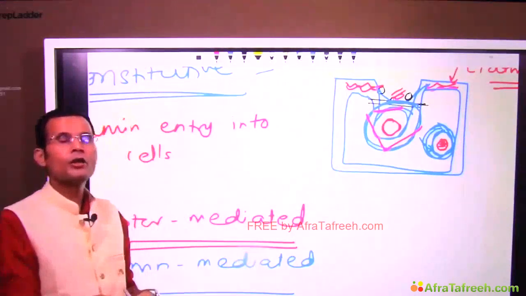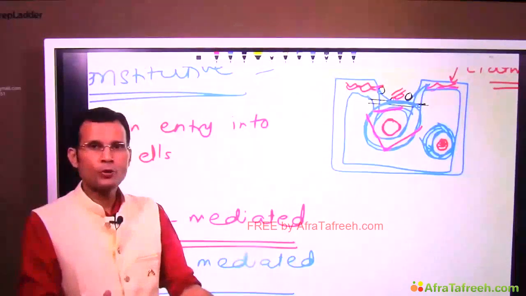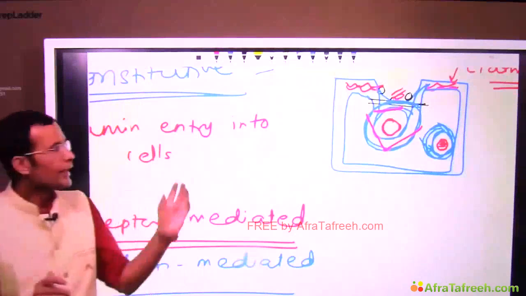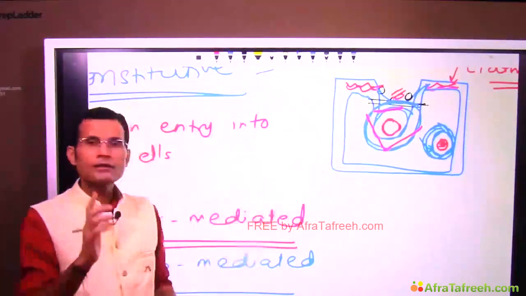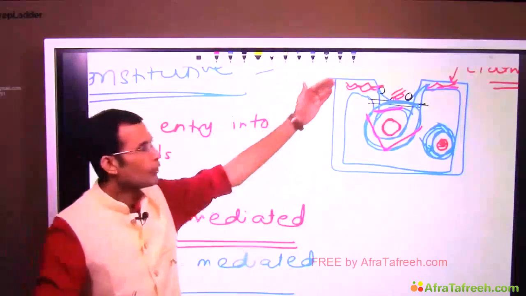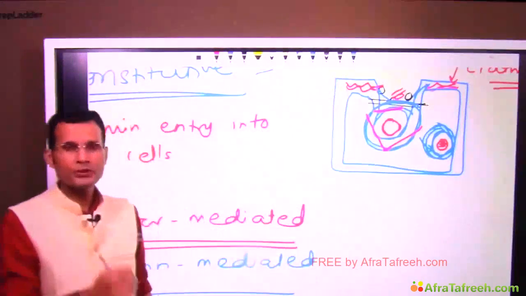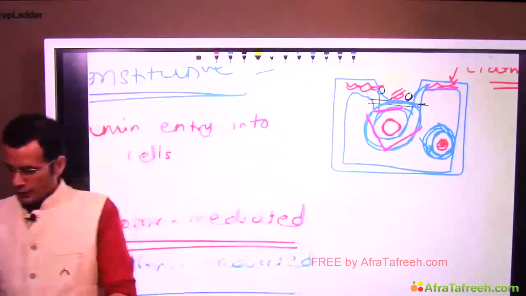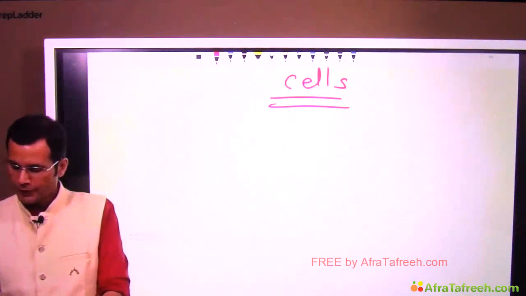LDL cholesterol will provide for the synthesis of the steroid hormone. So this cell expresses the LDL receptor, and then circulating LDLs will bind with those receptors and be internalized, and then steroid hormones will be formed. That's a very famous example of clathrin mediated endocytosis.